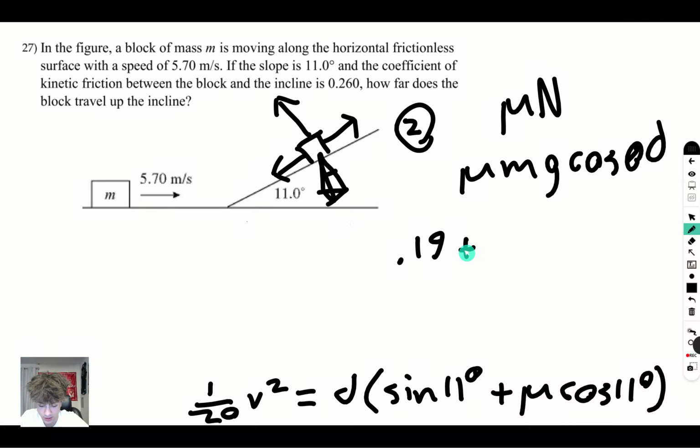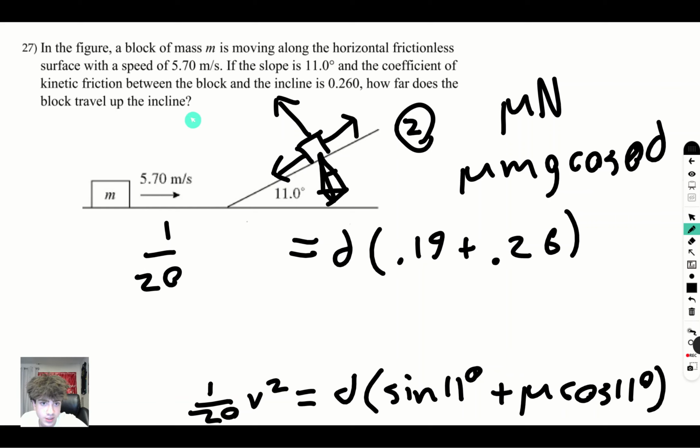Cosine of 11 degrees is somewhere around 0.98, but then we have to multiply it by mu, which is 0.26, which gives us a value of around 0.26. From here we have a simple equation. You know that our v is 5.7, so our v squared will be 5.7 squared. Let's plug that into our calculator. This gives us a value of 32.5.